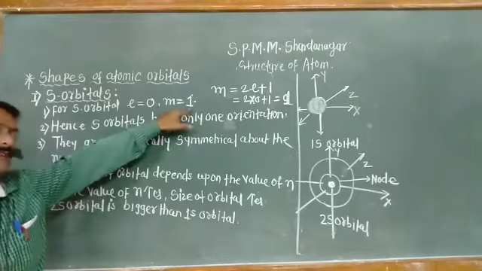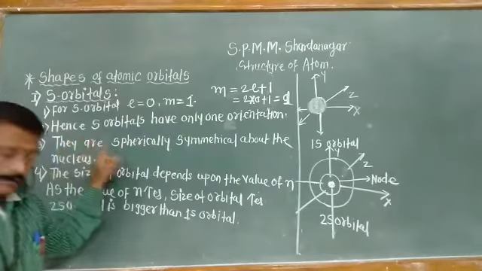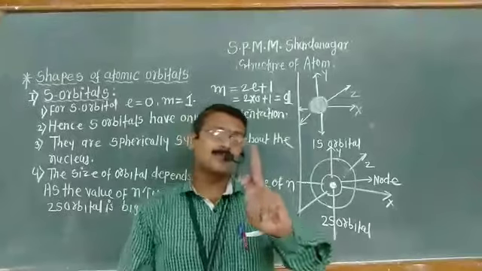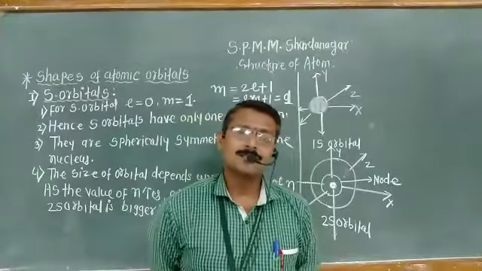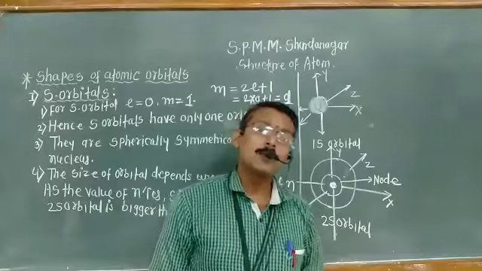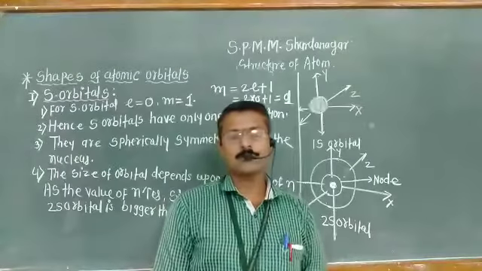Then what about the second point? The azimuthal quantum number L is equal to 0 and M is equal to 1. Hence the s orbital gives only one orientation. How many orientations?